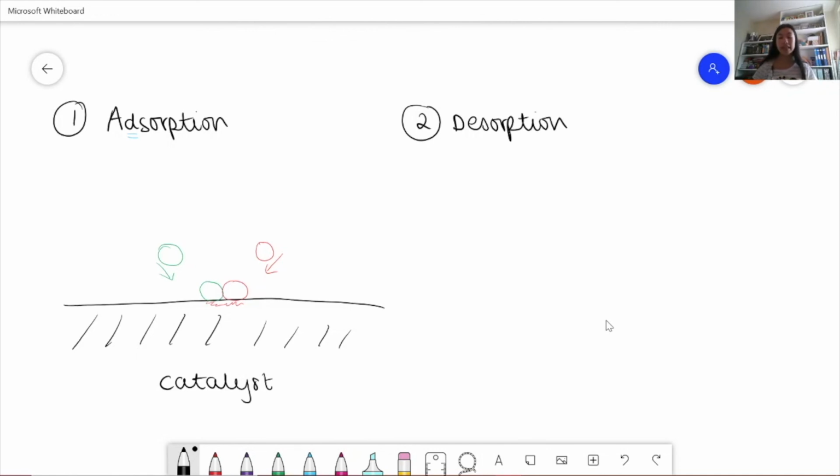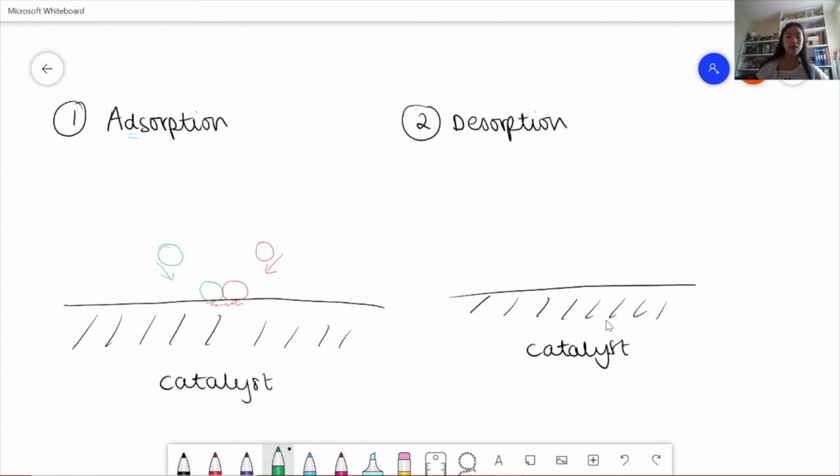What this means is that the products then break away from the metal atoms, and this frees up room on the catalyst for more gases to take their place and react. So from this metal surface, this catalyst, we then have this which exits.